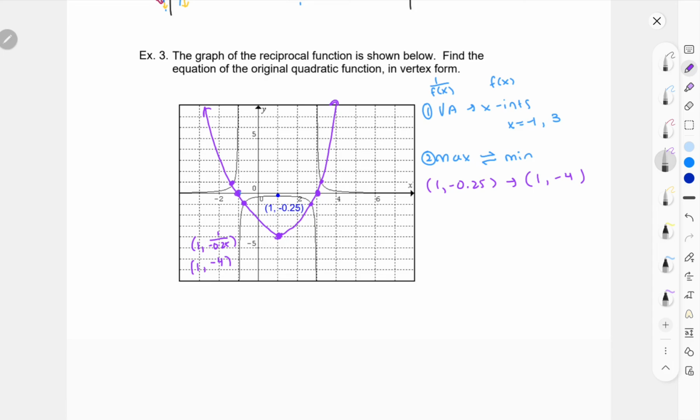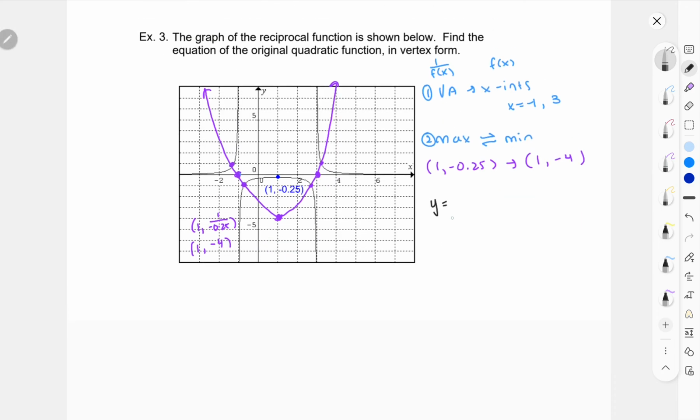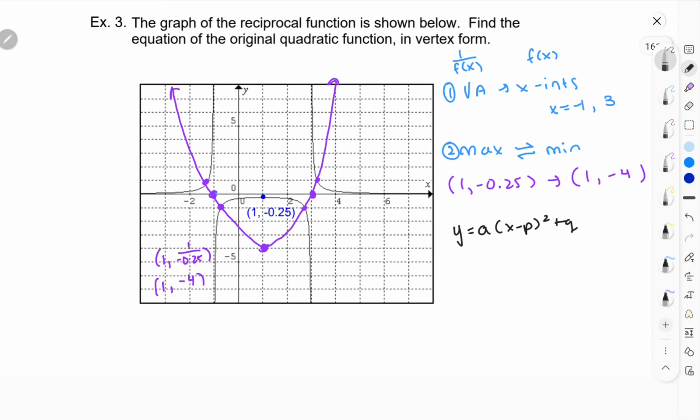And then the last thing is I want to give the equation of this graph. And we've done this before. We know easiest is in vertex form. You also could do this in factored form now that we know how to solve these things. But I have vertex form here. I have some xy coordinate. I have some PQ.